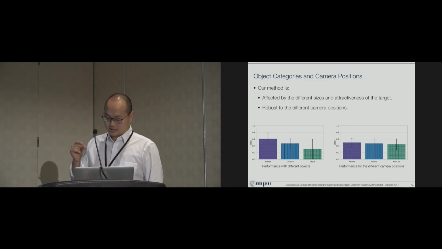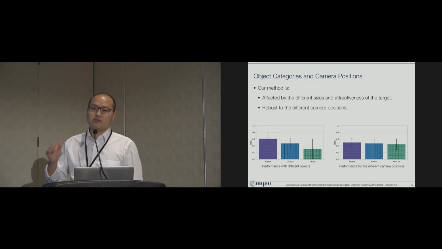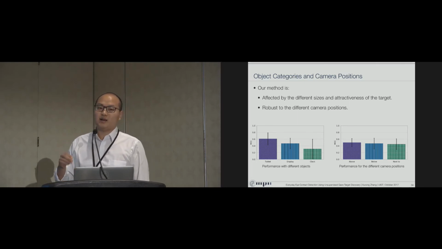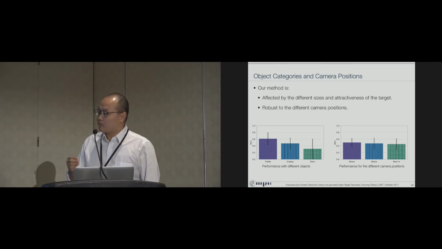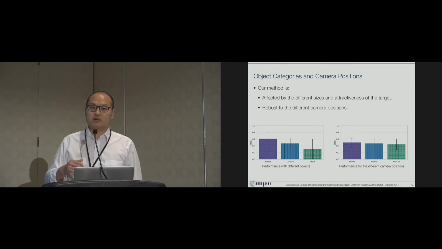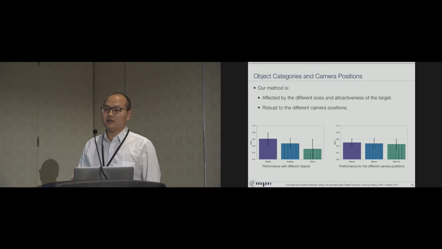We play images and videos we downloaded from the internet to attract the participant's attention. The performance on the display is worse than the tablet because it has a much larger size. And the performance for the clock is the worst because people usually don't look at it.